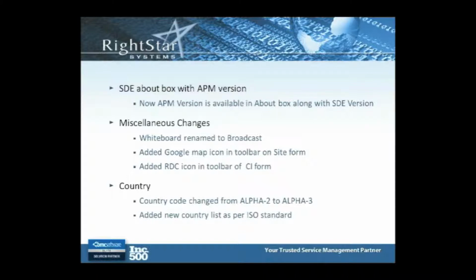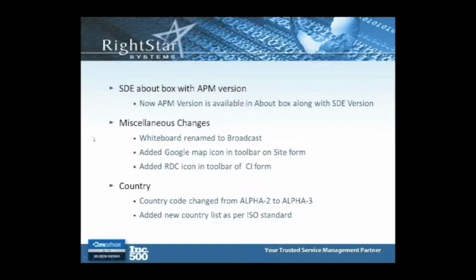In terms of countries, I don't know how many of you this might affect, but it is important to note if you service multiple countries and have multiple countries in your implementation of alignability, that the list of countries has been updated to meet the ISO standards, so there's a change from Alpha 2 to Alpha 3 there.